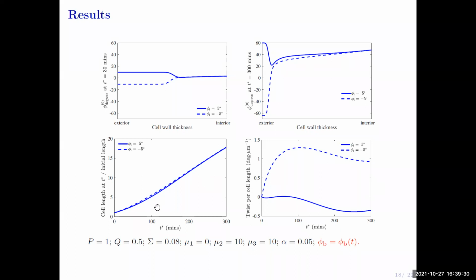What comes out is, firstly, growth is in general slower, just because more of the fibers through the wall are more oblique or longitudinal than they otherwise would have been. There are also other observations you can make about how the fiber angle changes over time. But the real point here is that you can test any kind of phi b you'd like.